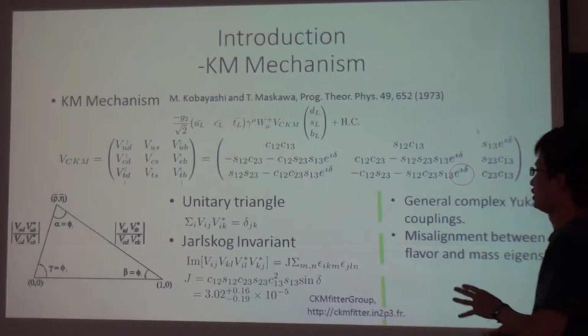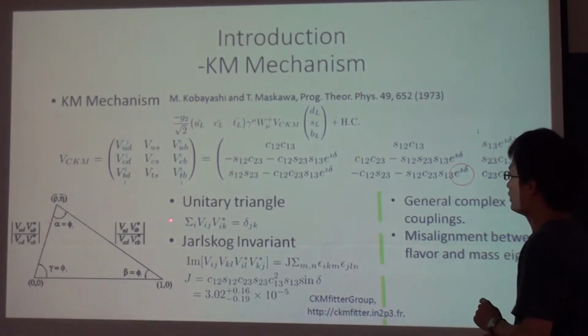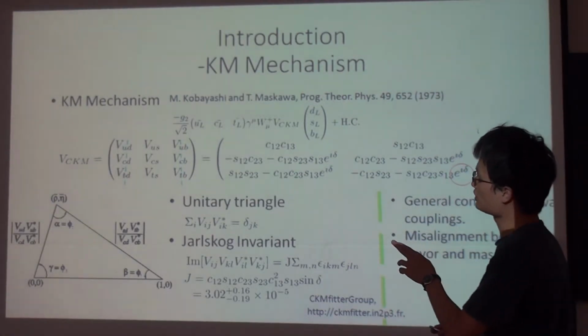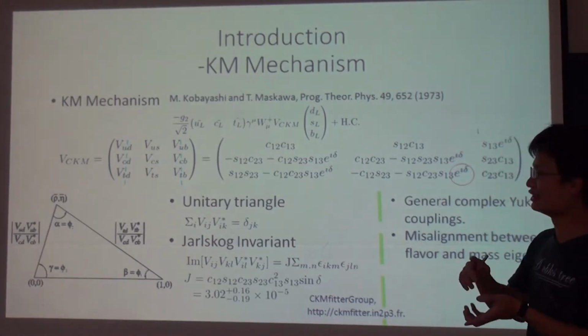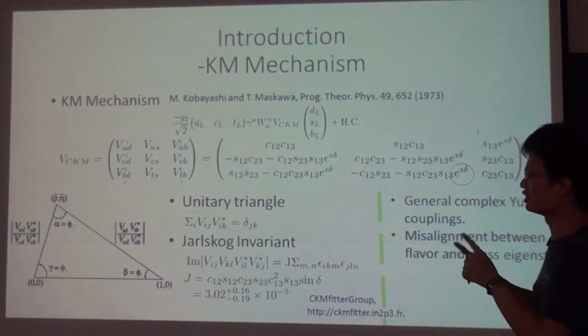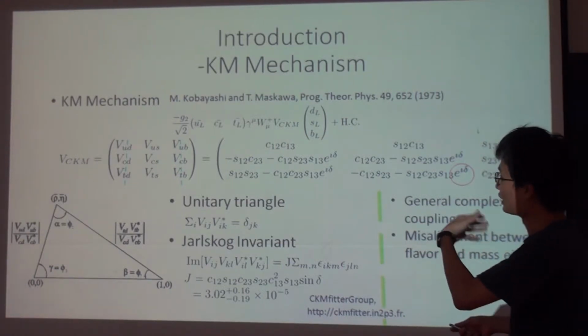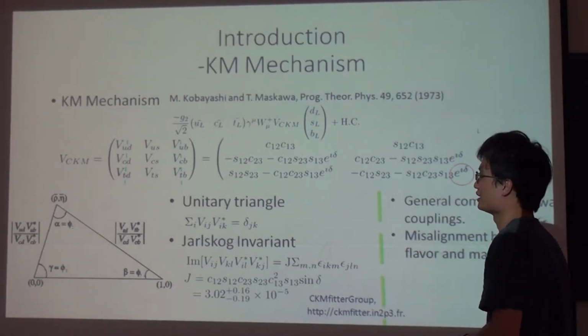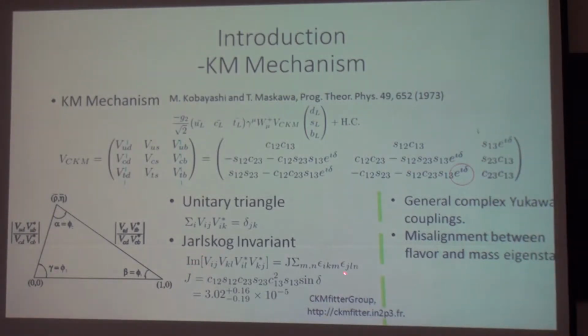And they have two important properties we will use in this work. The first we call the unitarity triangle. Because the CKM matrix is a unitary matrix, we can have such a relation, which we can get very directly by multiplying. And the other we call the Jarlskog invariant, which means that we have some quantity which is invariant, independent of the parameterization.